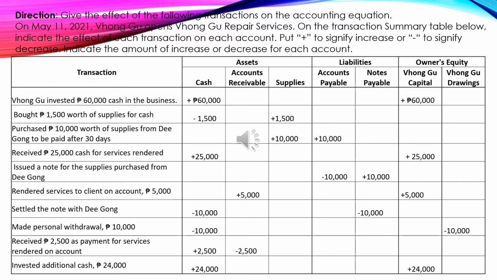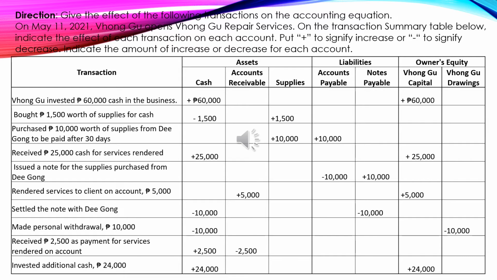Next, receive 2,500 as payment for services rendered on account. So now, when we say receive payment for services rendered on account, take note, the income will no longer increase because the payment received will be deducted to accounts receivable, because when we say rendered on account, that have been previously recorded as an income.